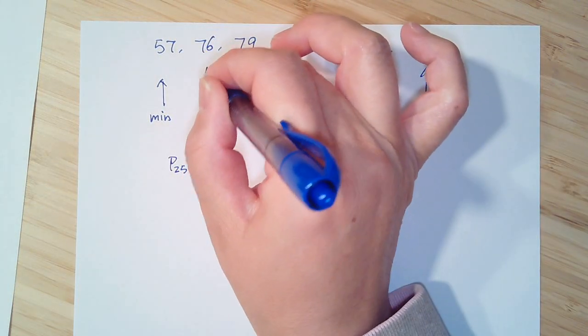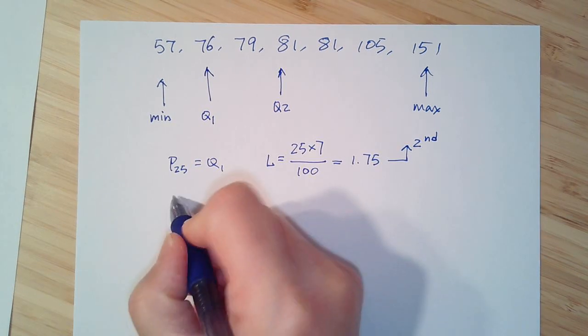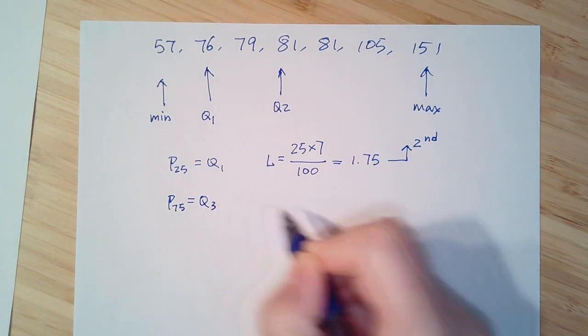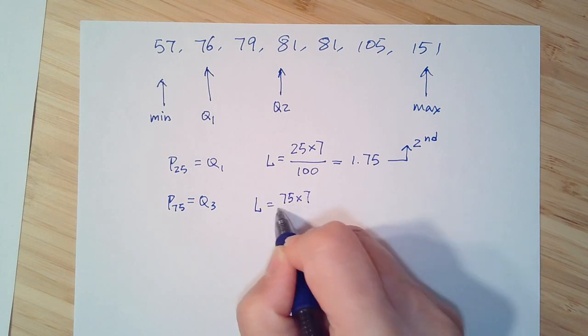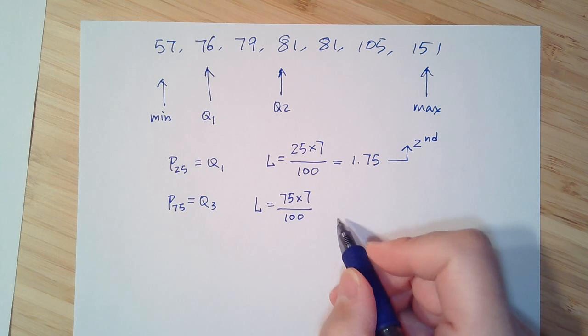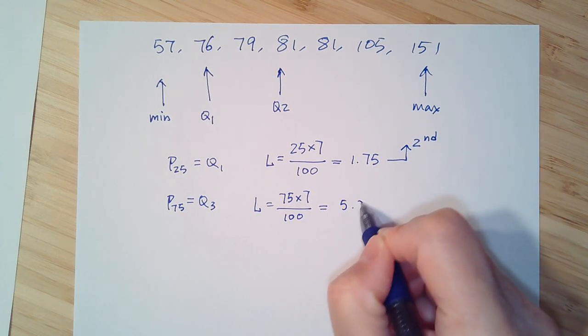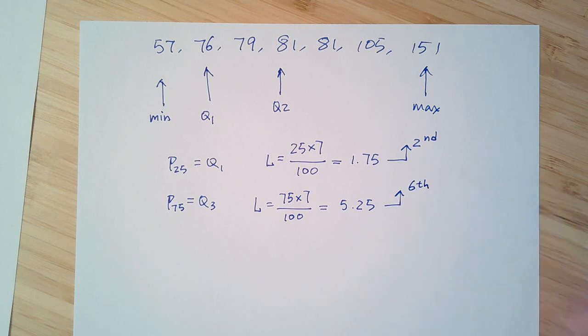Okay, and we also look for the 75th percentile, which is my Q3. So the locator will be 75 times 7 over 100, and that answer is 5.25. Again, I round up to the 6th. So this is my 6th number, and that is my Q3.